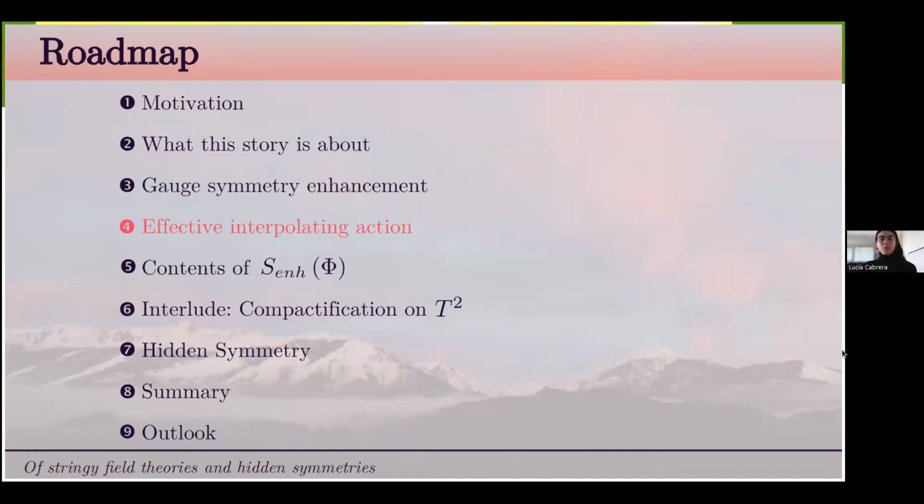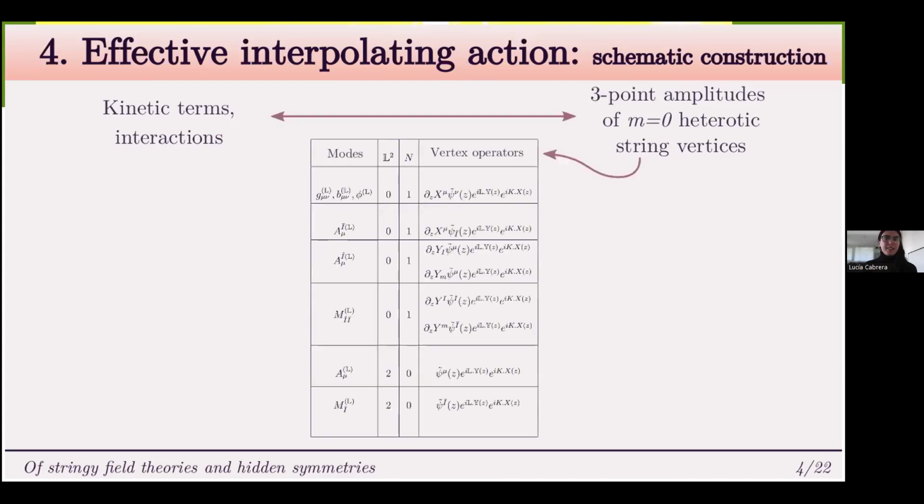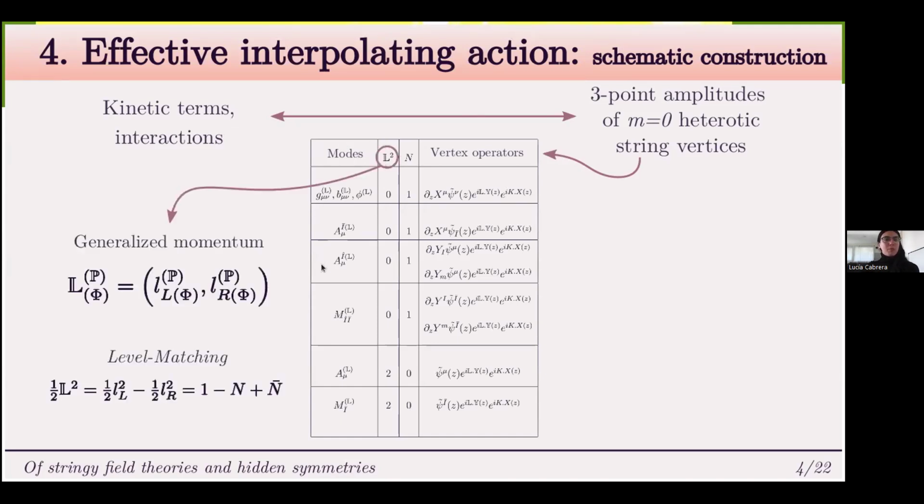So let us now move on to the effective interpolating action and schematically how we build this. All of the kinetic terms and interactions can in principle be read off of 3-point amplitudes of massless heterotic string vertices. Here we can see in this little table the vertex operators and the fields that they correspond to. And all of these fields carry a certain momentum L, which will be a generalized momentum.